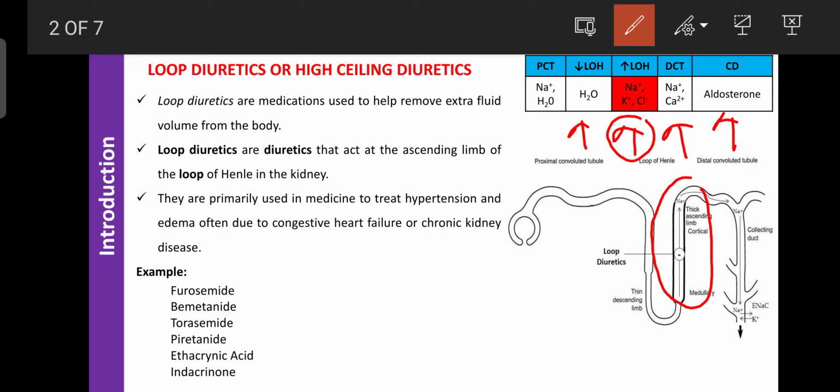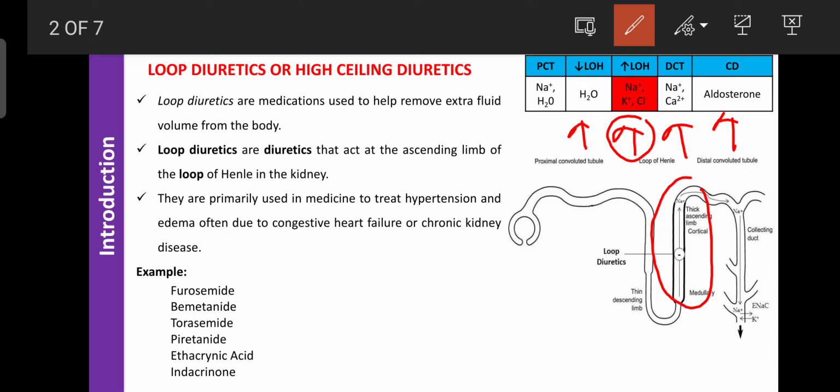It means these loop diuretics mainly inhibit the selective reabsorption process in the ascending loop of Henle, or thick ascending limb. Due to that, the sodium, potassium, and chloride are not reabsorbed. They remain in the urine, not in the blood.